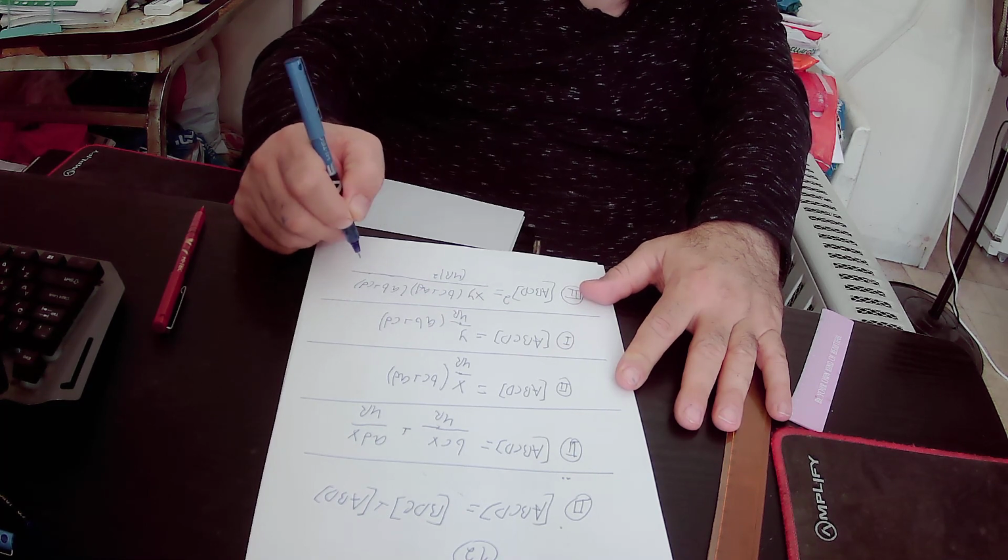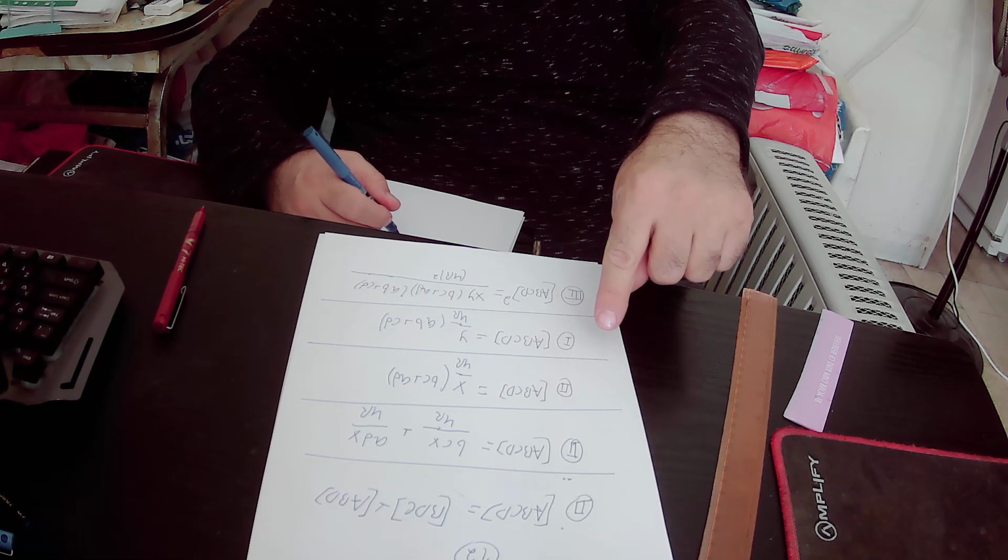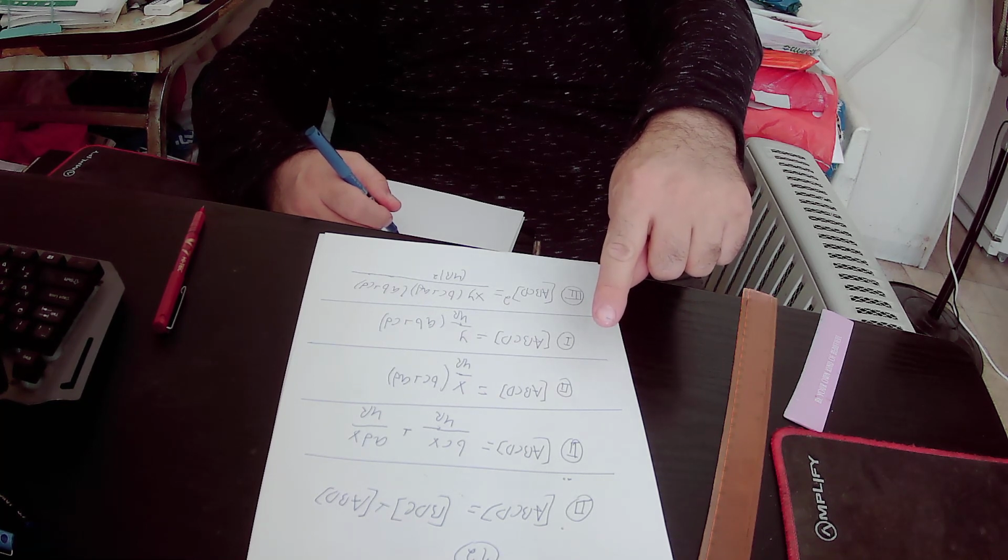So equation number 3 is the multiplication of equation number 1 with equation number 2.